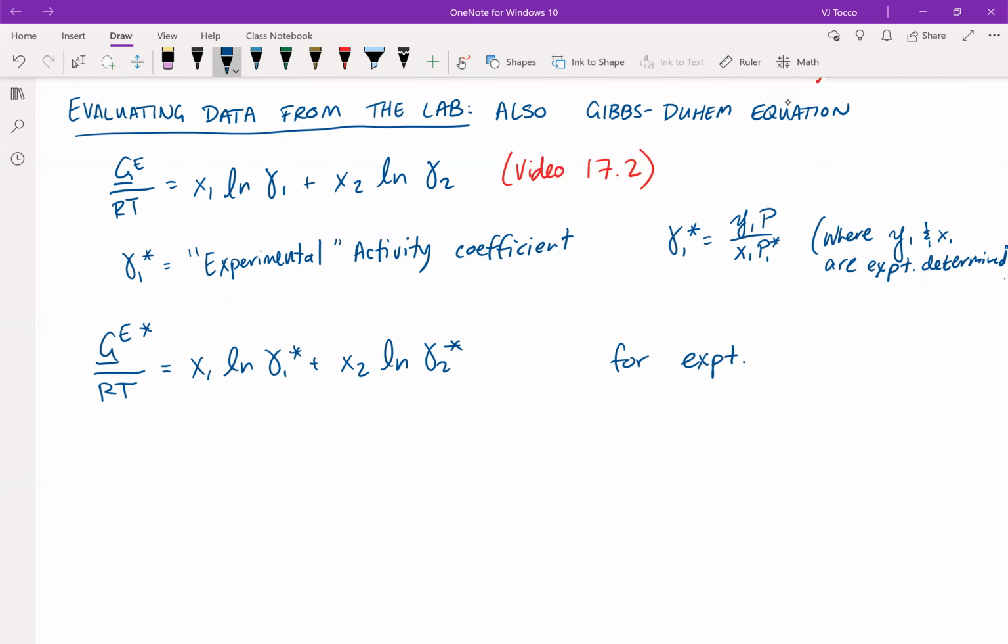And now, just like we did for the model case, I'm going to take the entire derivative of this expression with respect to changing x1.